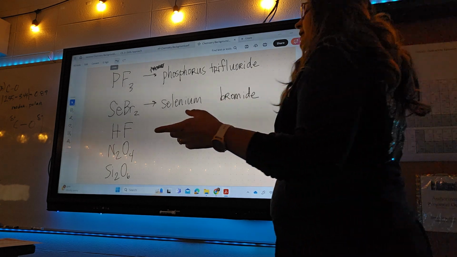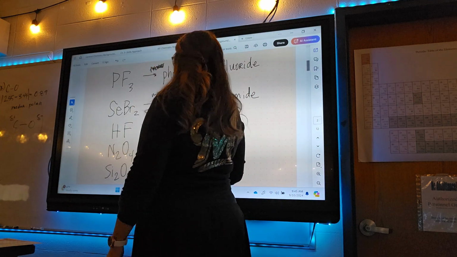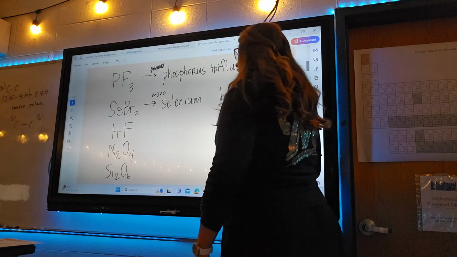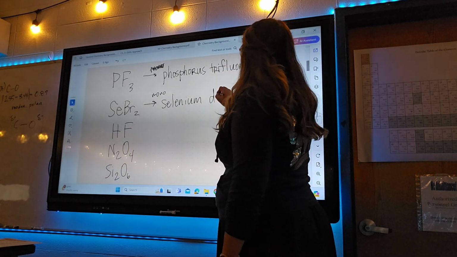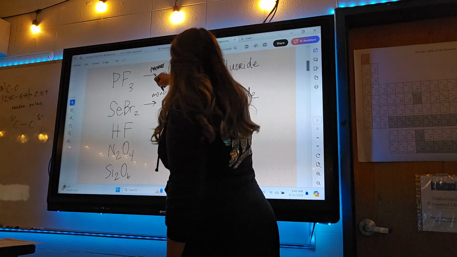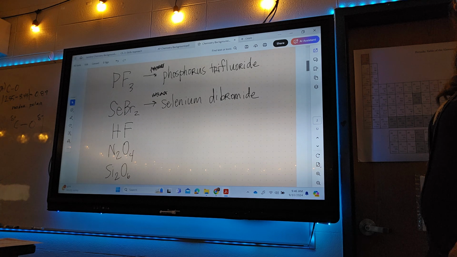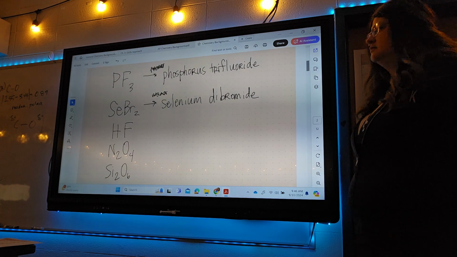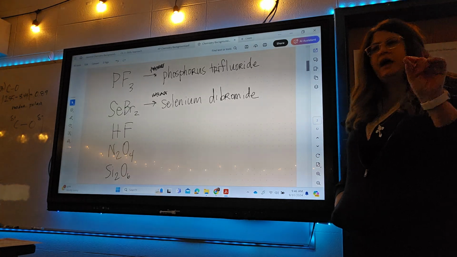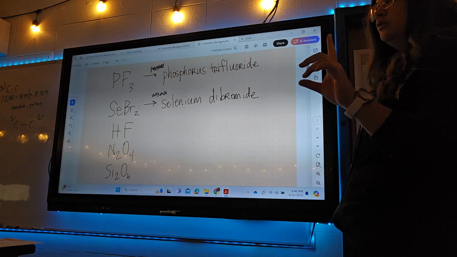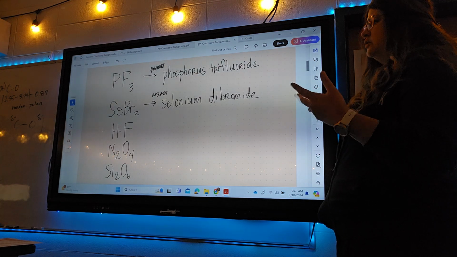It should be mono, right? But we're gonna have to end up erasing it because we don't write that mono on the first element. What should be the prefix for bromine? Di. So then erasing that mono, my compound's name should be selenium dibromide. Now, it happens the most that that first element has only one of it, and so oftentimes you're going to have that be just nothing because the mono gets dropped.